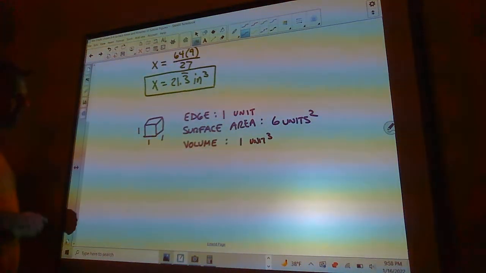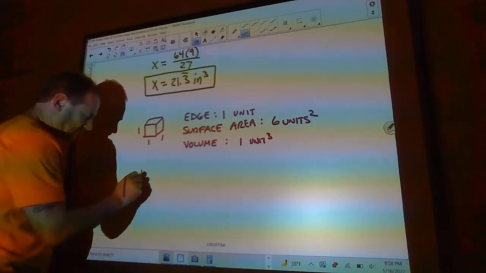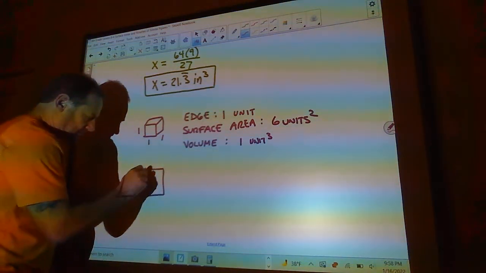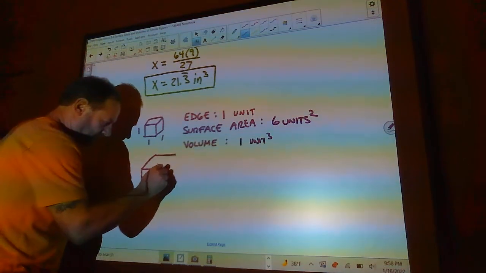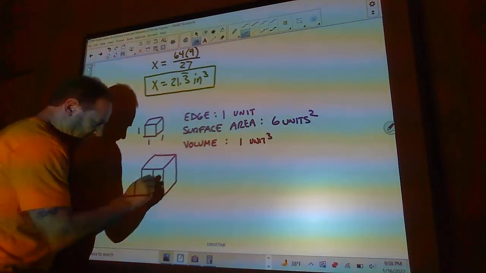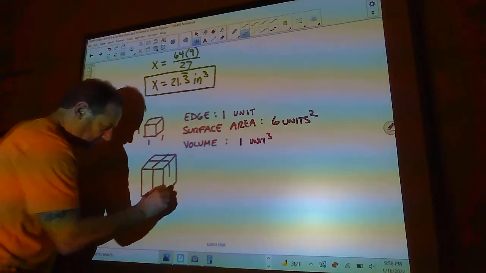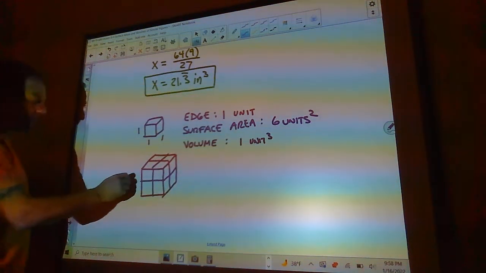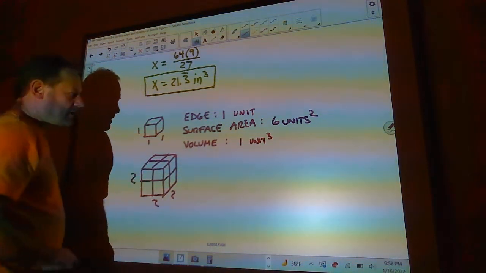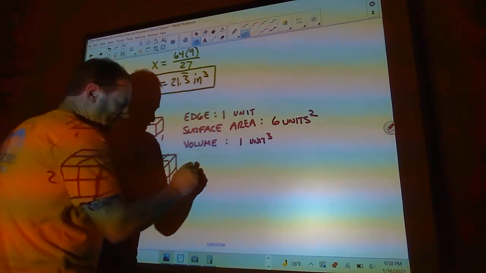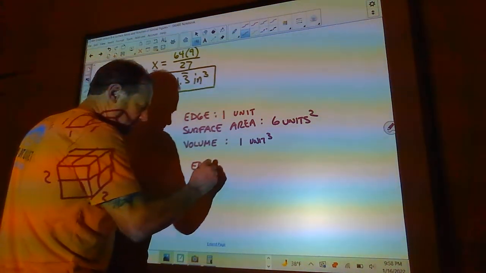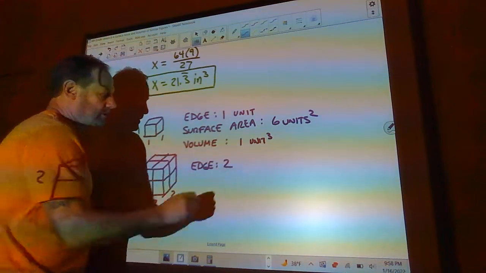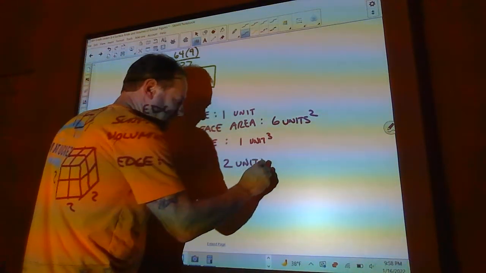Okay, now let's say we double the size of this thing. So it's now 2 by 2 by 2. It's twice as big. So its edge is now 2 units. It got twice as big.